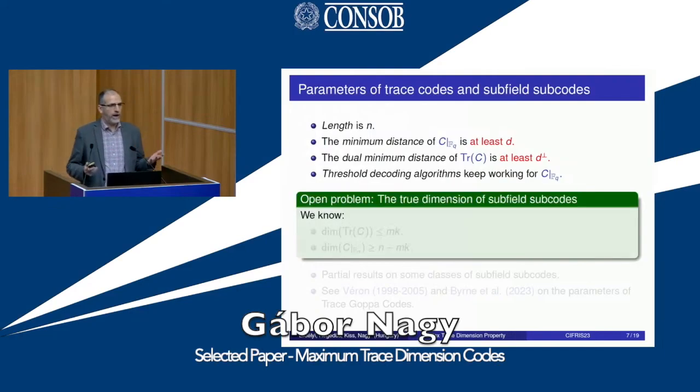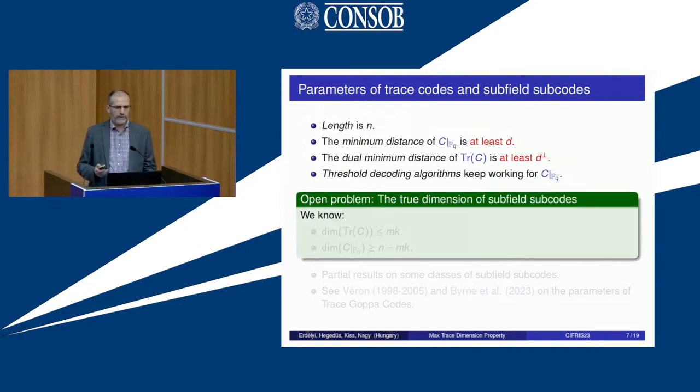Now, a hard problem is to tell the true dimension of subfield subcodes, or by duality, the same problem is the true dimension of trace codes. What we know is this upper bound for the dimension of a trace code, which is very easy to see: you take a basis for C, and then you take a basis of the large field over the small field, and you multiply these elements together.